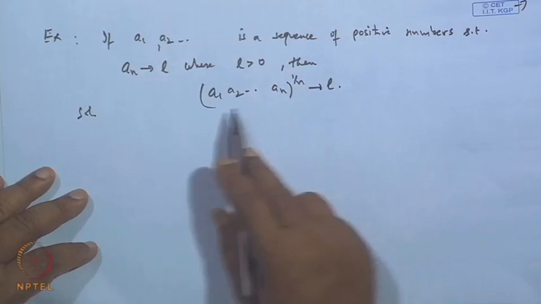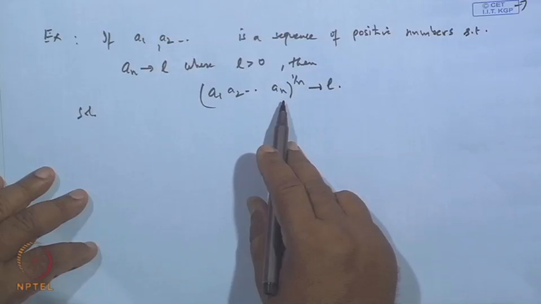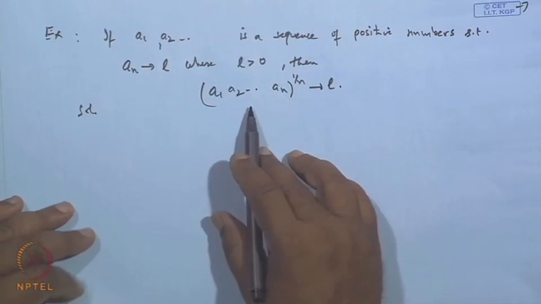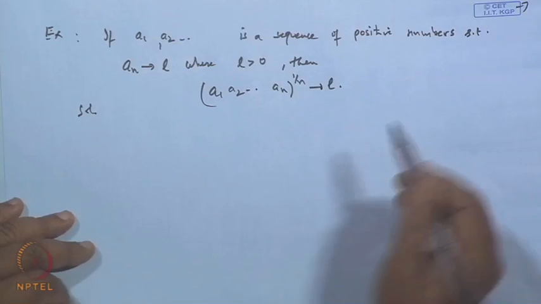Then the nth root of this product, that is the geometric mean, will also tend to L.